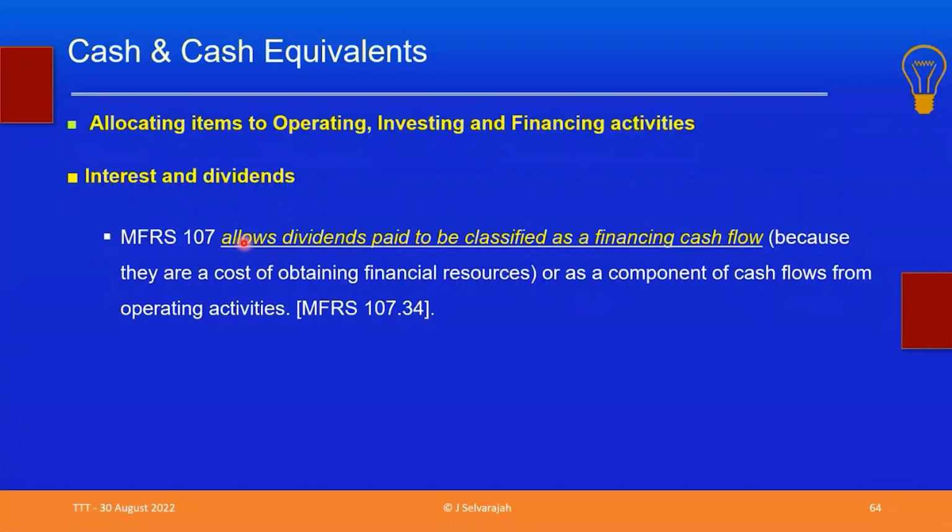But if you say that it is redeemable preference shares, redeemable at the option of the holder, the mother transaction is a financial liability under MFRS 9 or IFRS 9. And because it is a liability, you cannot then say that this be called something else. So dividend must be classified as financing cash flow. There's no two ways about it.